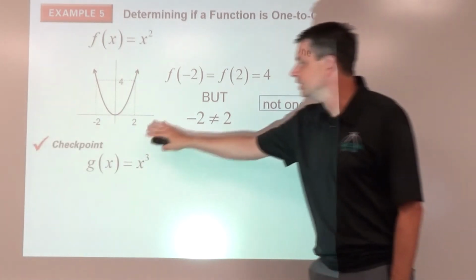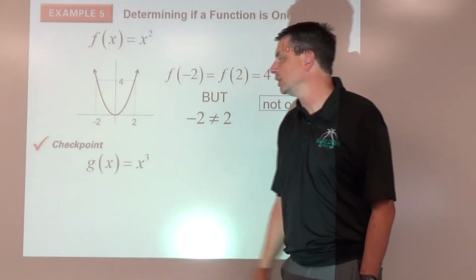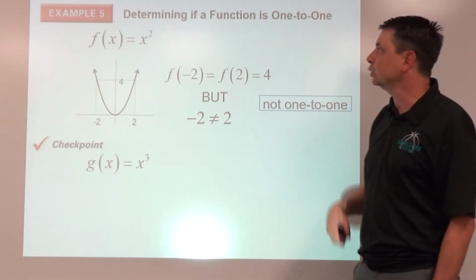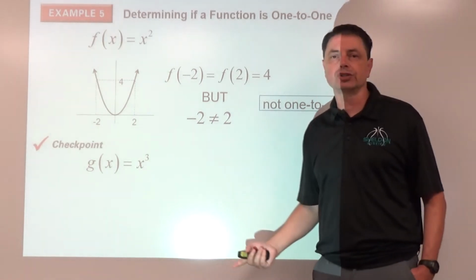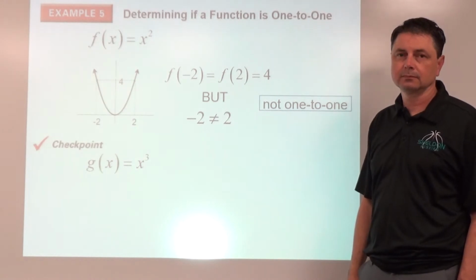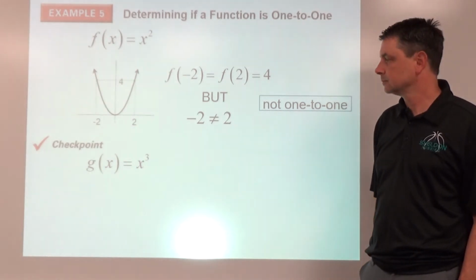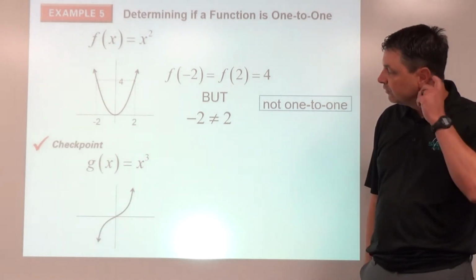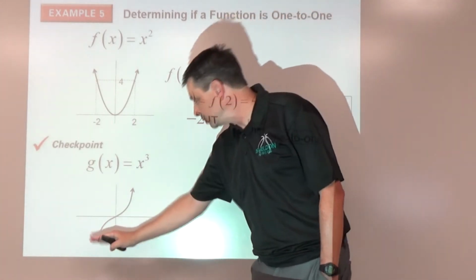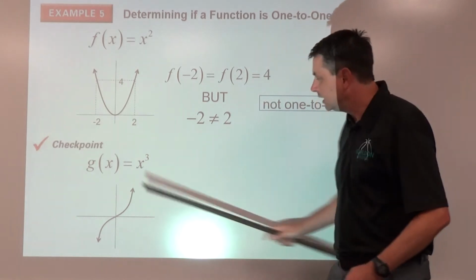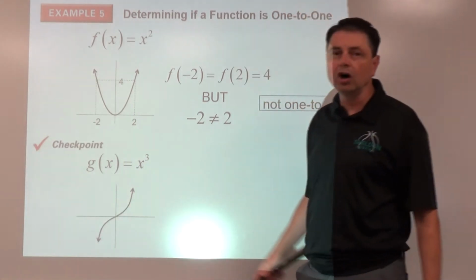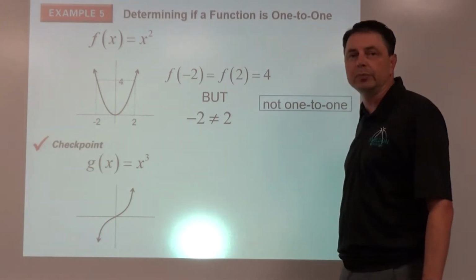All right, pause the video here, take a look at the checkpoint g of x equals x cubed, and see if you can determine if that function is a one-to-one function. If we look at the graph, which is another parent function, if we pass a horizontal line anywhere along, it will always hit at just one point.